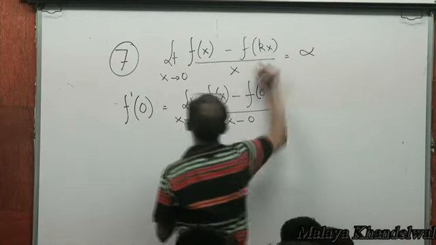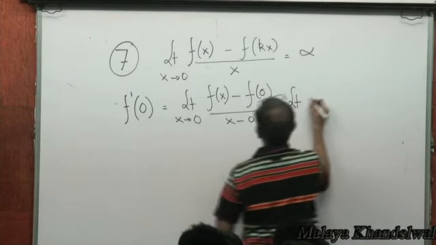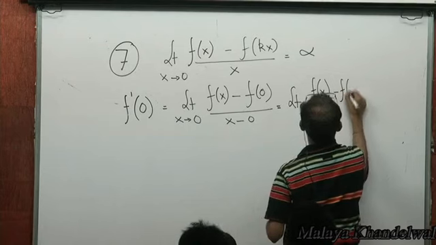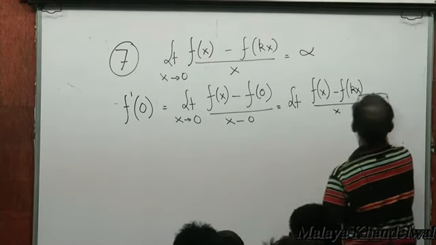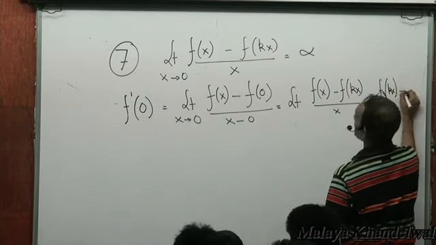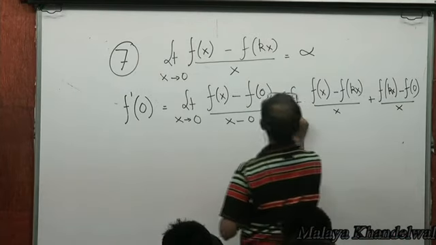So a very ordinary manipulation that would occur to us is this. I do (fx minus fkx) by x plus (fkx minus f0) by x as x tends to 0.